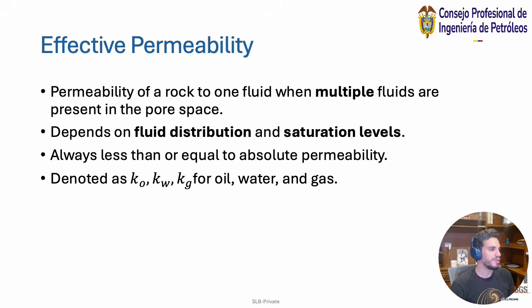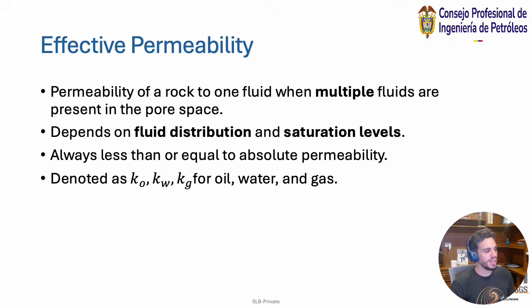Moving on to effective permeability. The effective permeability is when there are multiple fluids. So this is more about the realistic situation of what we work with as petroleum engineers. Multiple fluids are present in a given pore space, and it depends on the fluid distribution and saturation levels. We'll see how those are related later on when we're talking about fluid properties.